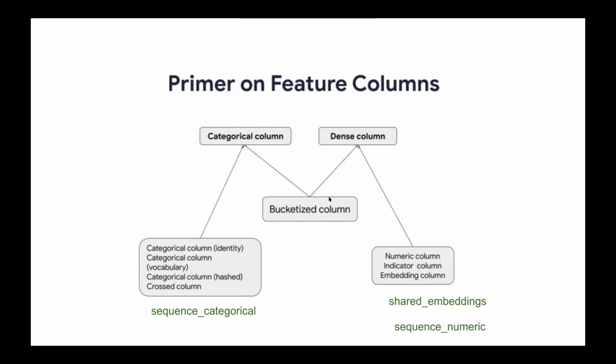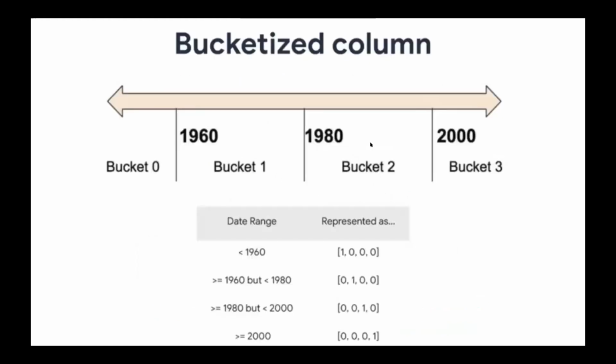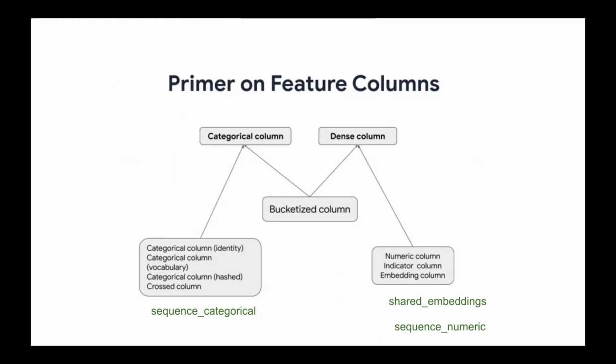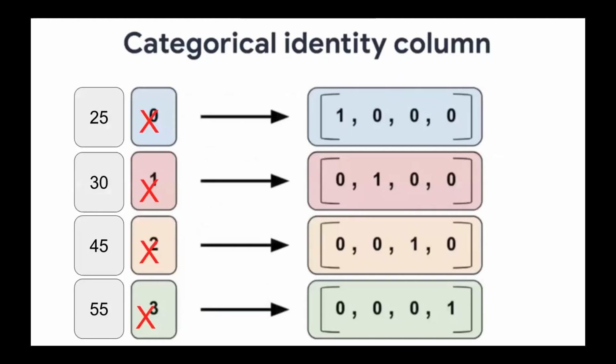So the bucketized column takes what could be hundreds of years of different values and buckets them into 4. For a lot of models that might work well. You can think about people's age or many other things that you can use buckets for. The bucketized column can come from numbers, dense columns, or categories, like we showed with years, or some other type of collection.